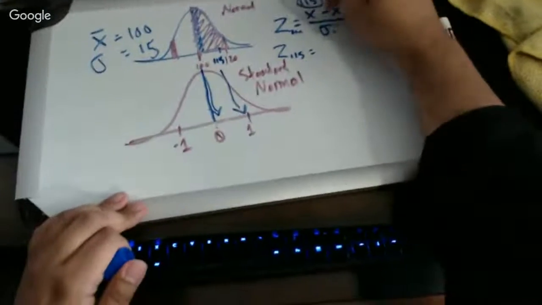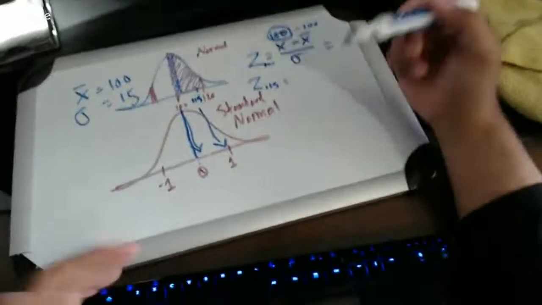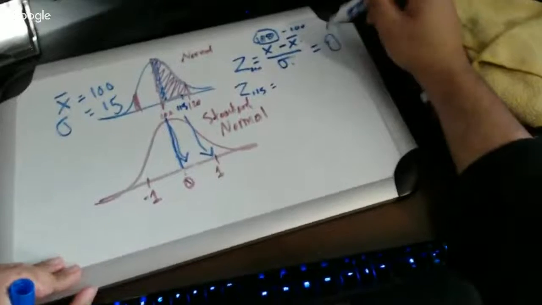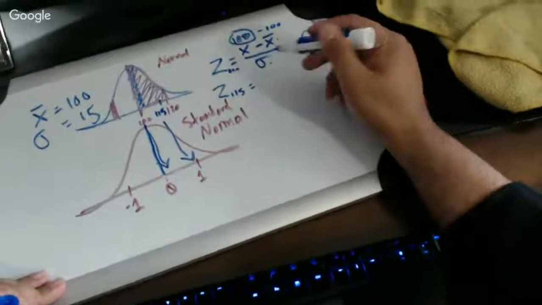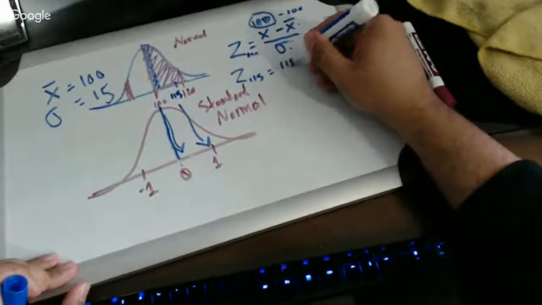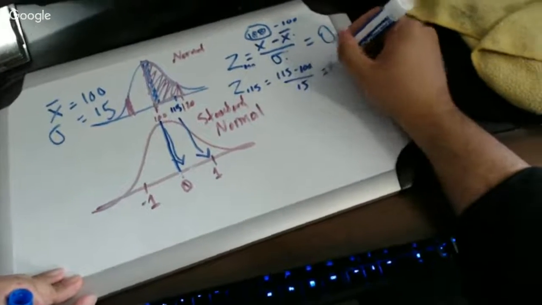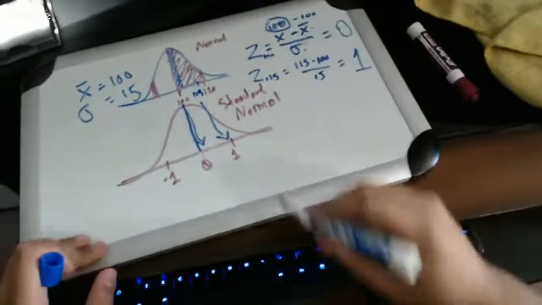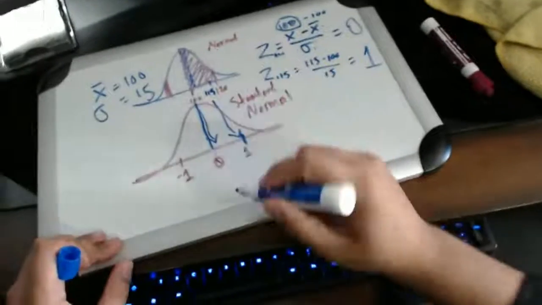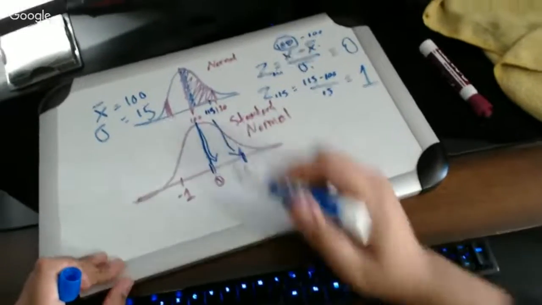Or actually, this is supposed to be 100, right? So that's the thing we did earlier, which is 100 minus 100, z-score 0. 115 minus 100 over 15 is 1. So all that's telling you is we have 2 points now in the standard normal.